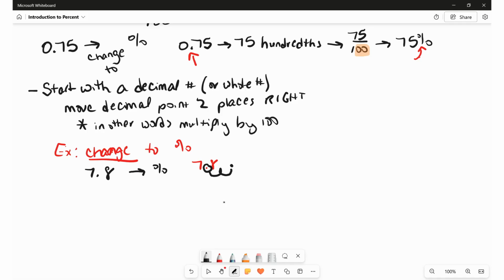Now, because we've got this nice open space right here, we have to fill that in with a 0. Which means that 7.8 is the same as 780%.